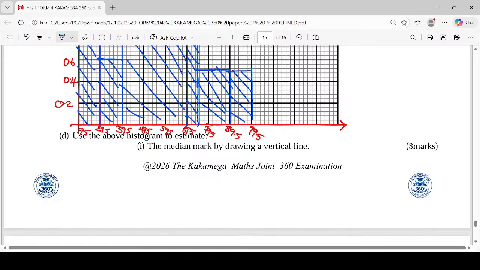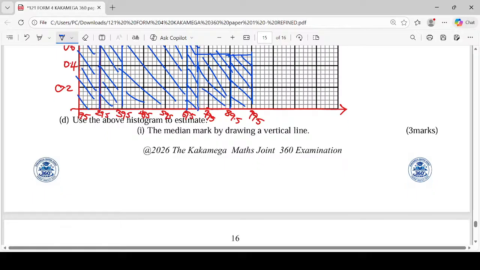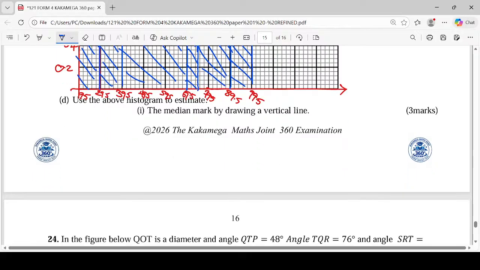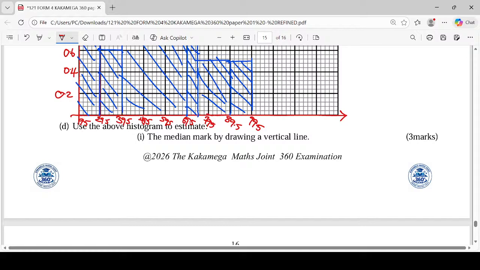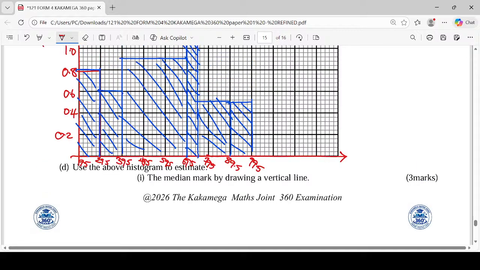Use the above histogram to estimate the median mark by drawing a vertical line. Estimating a median mark. Because the total frequency is 60, the median lies in the 30th position. Half of 60 is 30.